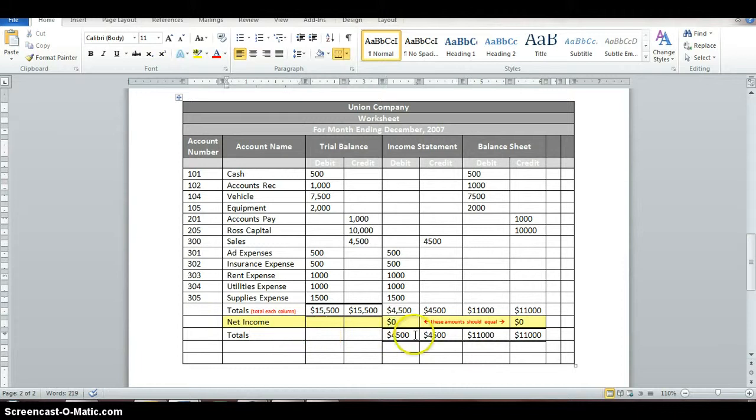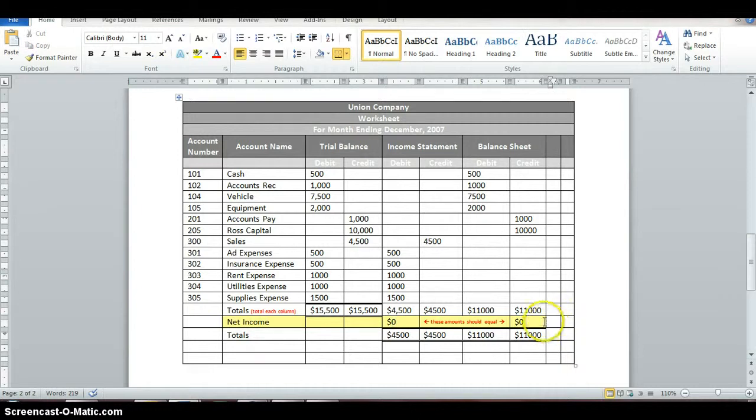And then to calculate your final totals, you would just add each of these columns up. And in this instance, since we didn't have any money here as net income, we basically carry those balances down. But we show the single rule to show that we're adding it up, and then we show the double rule here to show that we've finished adding.